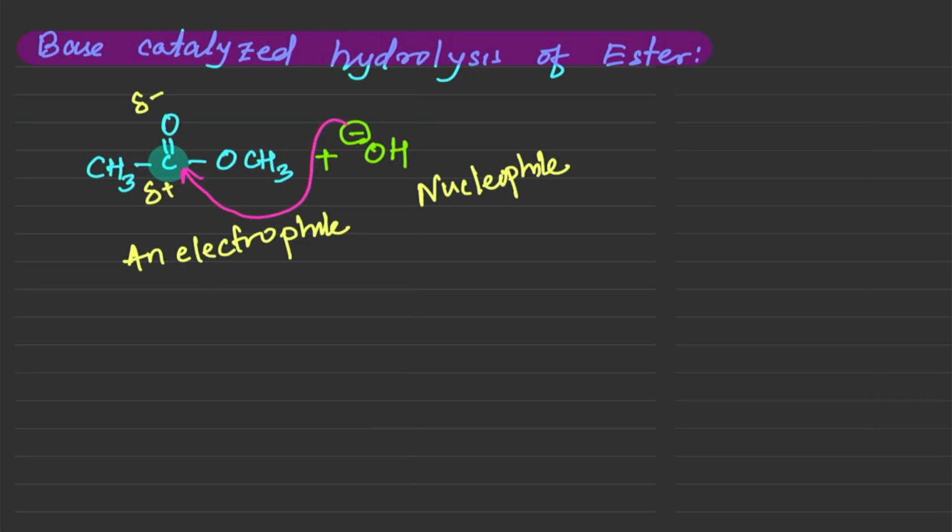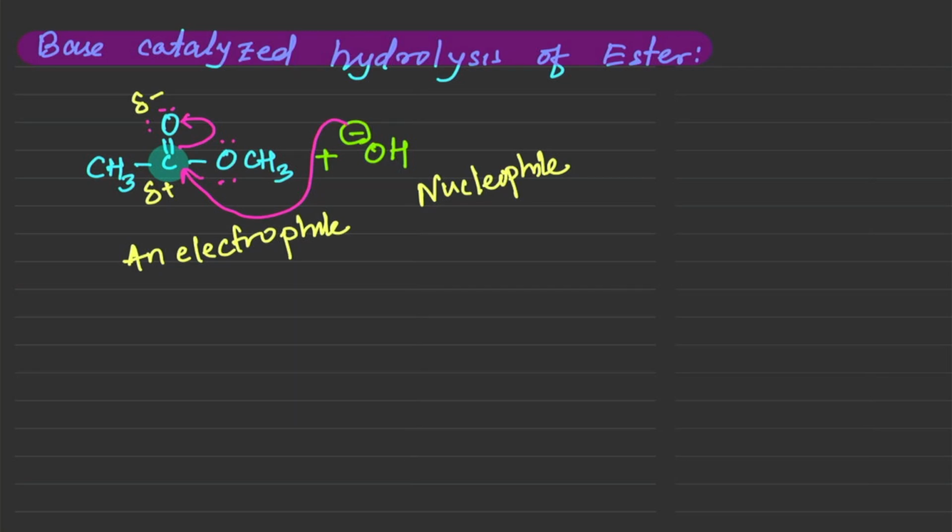When it does, if nothing changes, you will see carbon has 1, 2, 3, 4 bonds, and if you have another one here, OH, then it has 5 bonds. To maintain the octet, the pi electron has to move up. Now I will draw the lone pairs here as well.